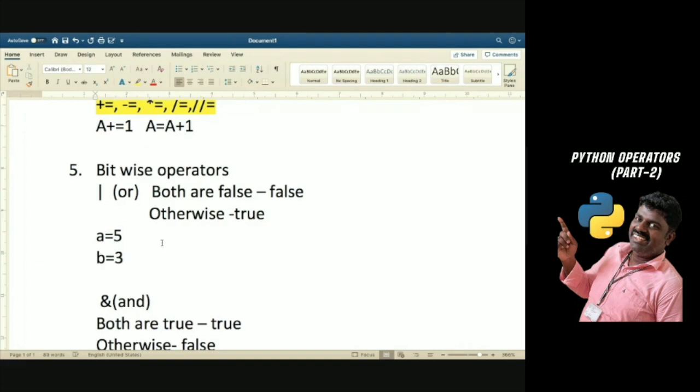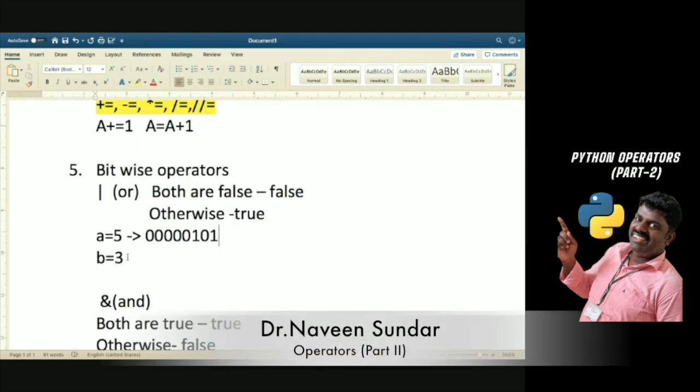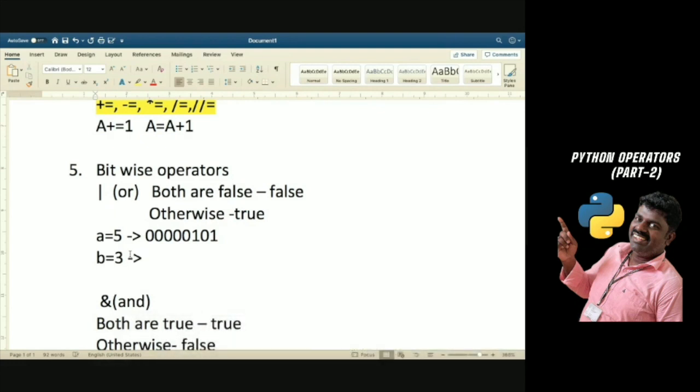The editor will automatically convert them to 8-bit binary values. a equal to 5 is 101 in binary, so in 8-bit it is 00000101. Similarly 3 is 011, so in 8-bit it is 00000011.